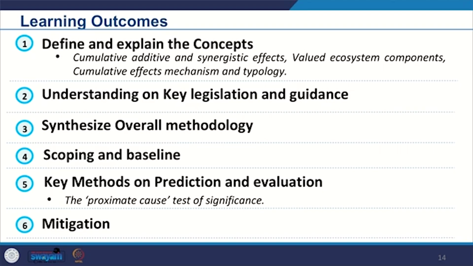You should be able to synthesize the overall methodology involved, and identify key steps one should take in scoping and baseline assessments. Similarly, you should be able to identify key methods used in prediction and evaluation, and identify approaches used for mitigation. Those are the learning outcomes expected after you complete this session.